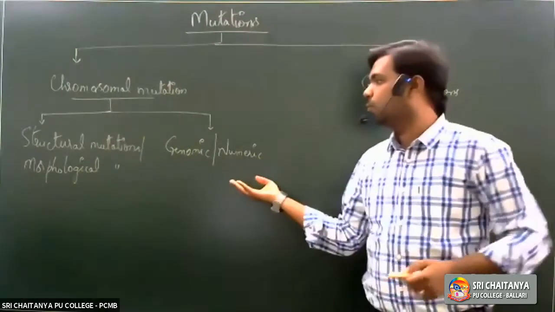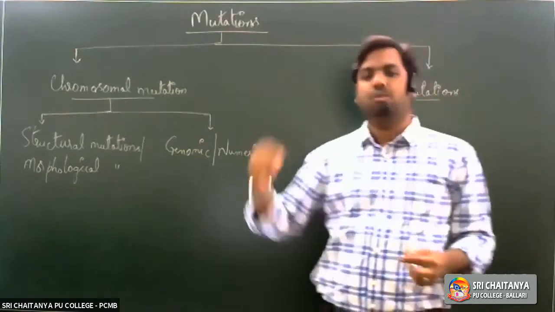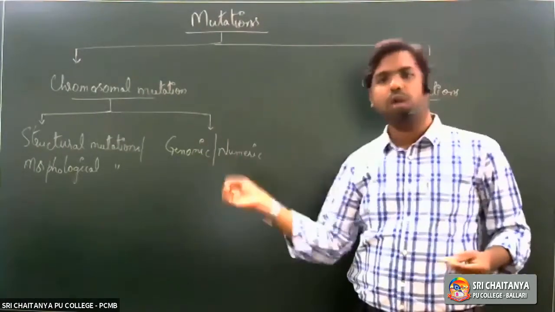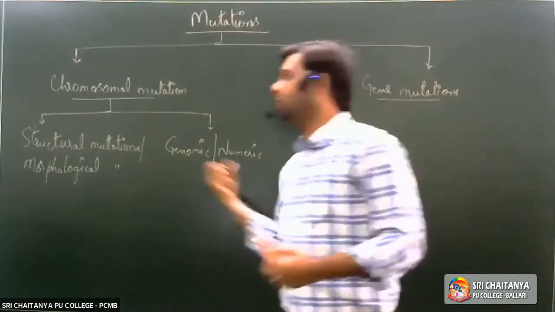The second category would be genomic mutation or numeric mutation, where the chromosome number would be either increased or decreased.